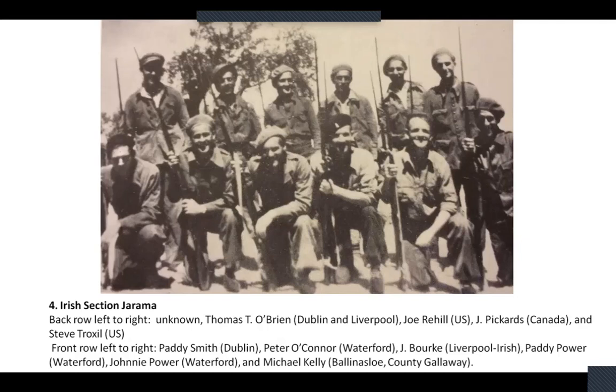So most of them drifted back, very disillusioned, to Ireland. But a lot of the Irish veterans of the International Brigade are still being commemorated to this day. So there you get a glimpse of them there.